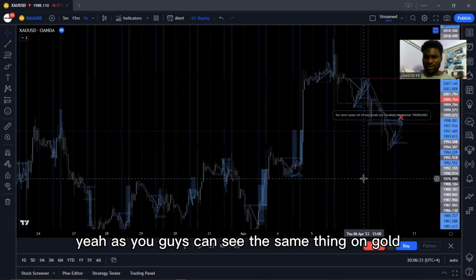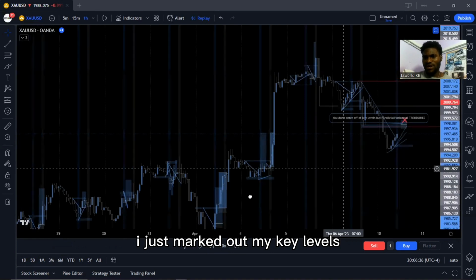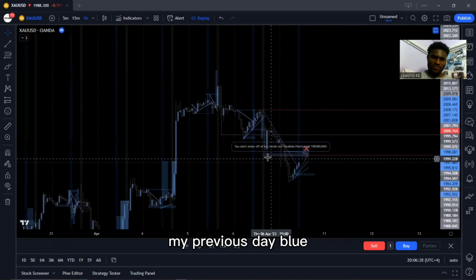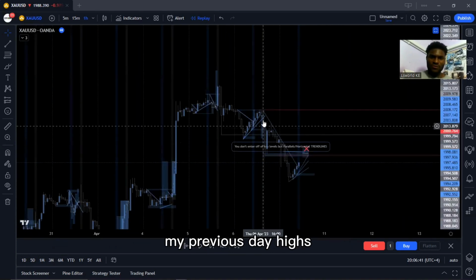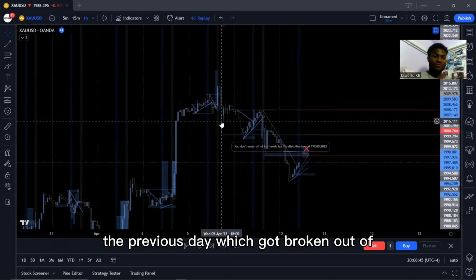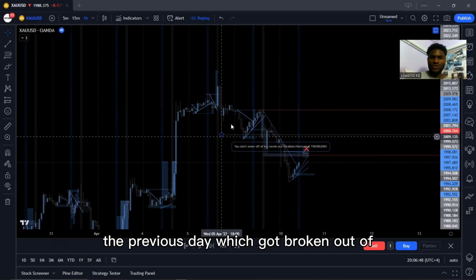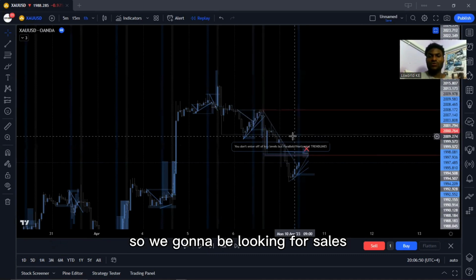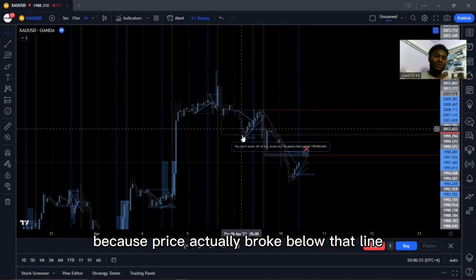Yeah, as you guys can see, the same thing on gold. I just marked out my key levels, my previous day low, my previous day highs, and the breakout structure over here, the middle line of the day before the previous day low, which got broken. So we know that we're looking for sales because price actually broke below that line.